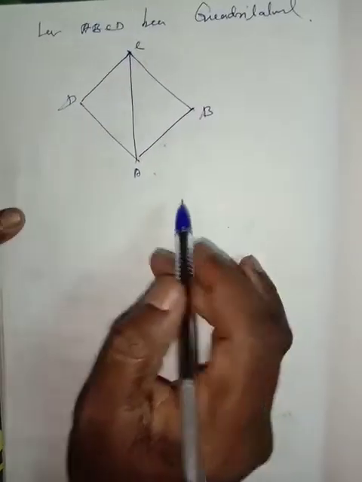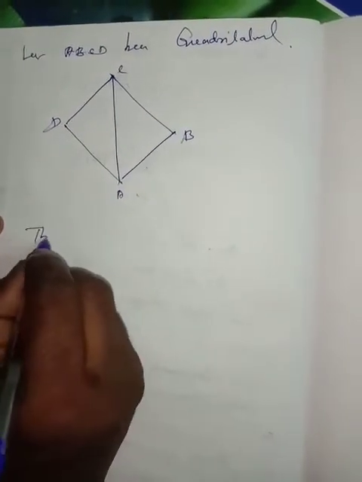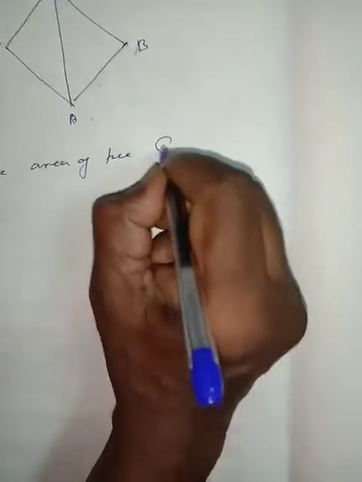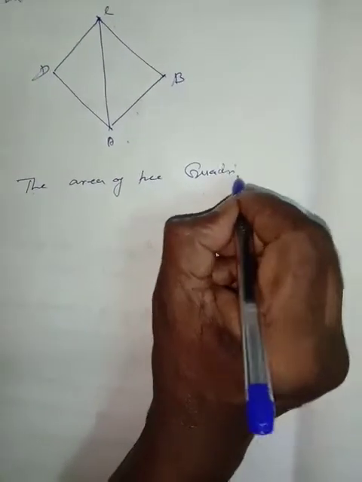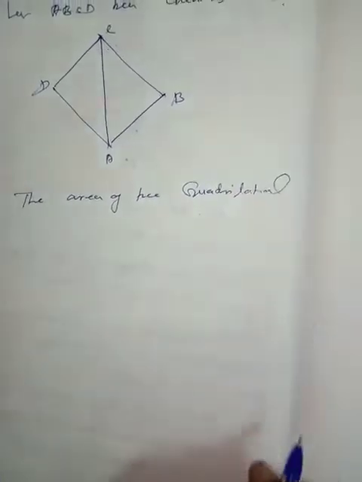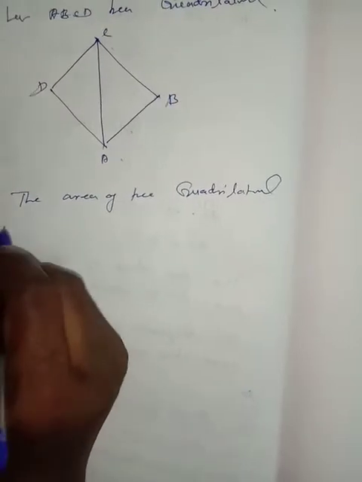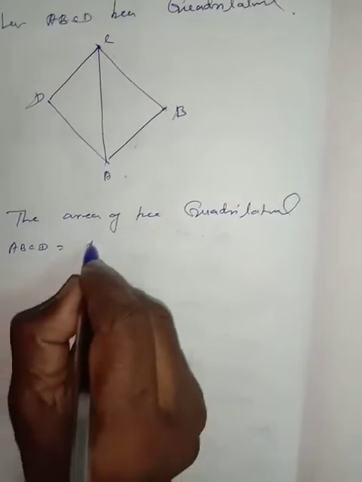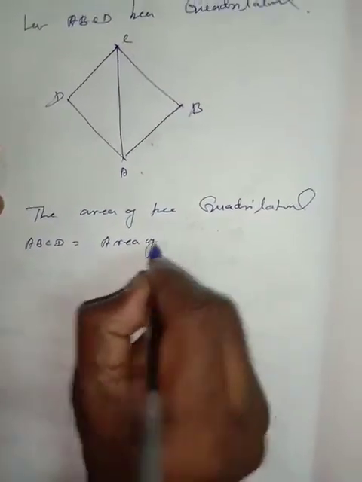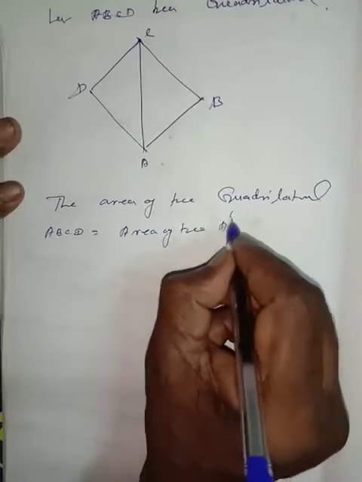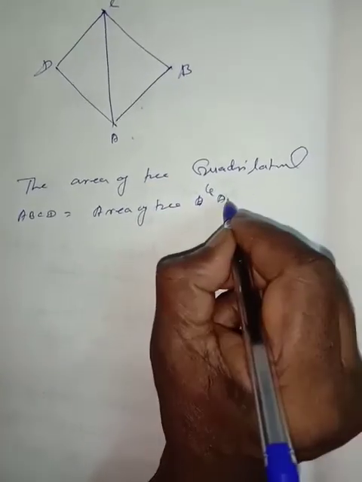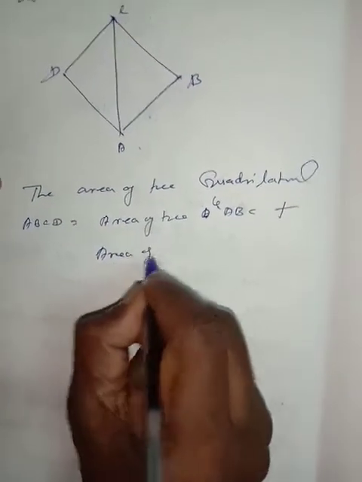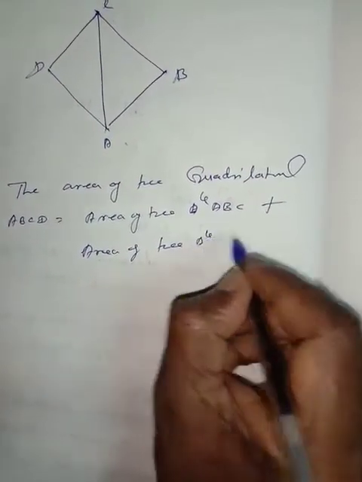Therefore, the area of the quadrilateral ABCD is equal to area of the triangle ABC plus area of the triangle ACD.